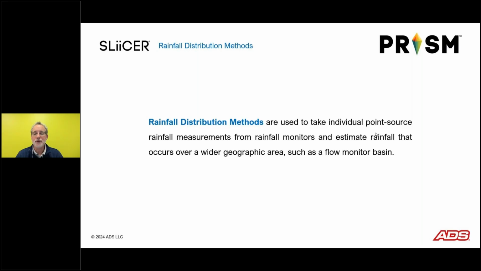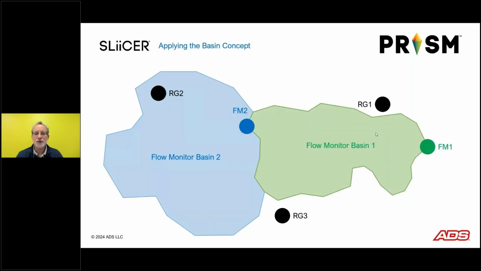Well, this can be done with greater confidence if you're using multiple rain gauges and you're weighting the results from those gauges to the different basins. So let's go back to our conceptual basin here. You'll notice I have 3 rain gauges scattered around these 2 basins.